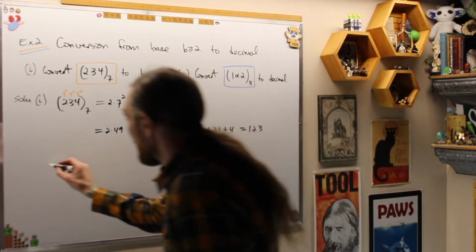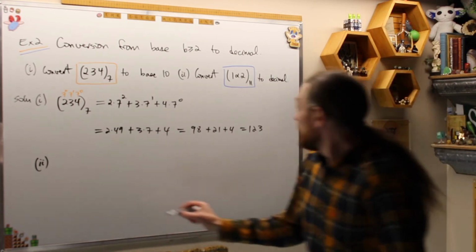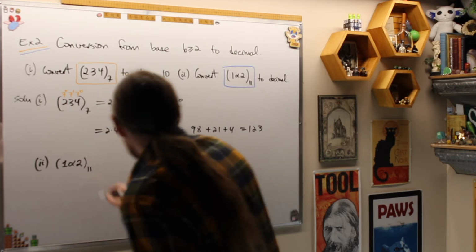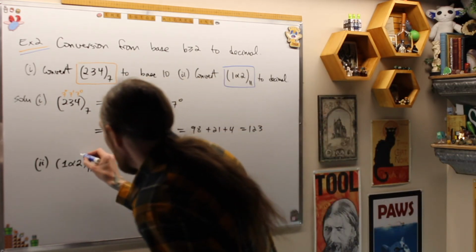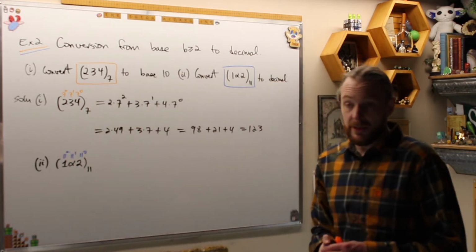For the other one, what we're going to do is 2. I get 1 alpha 2 base 11. What that tells me again is I have 11 to the 0, 11 to the 1, 11 squared, which is 121.